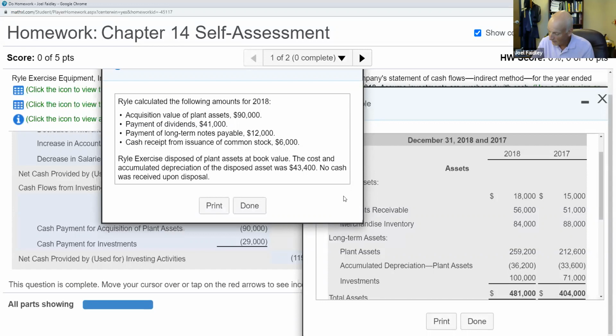But I know most of you are not accounting majors. So we started out with 212,600. 259,200 is my ending, but it says I disposed of 43,400. Let me go ahead and calculate it before I share the screen.